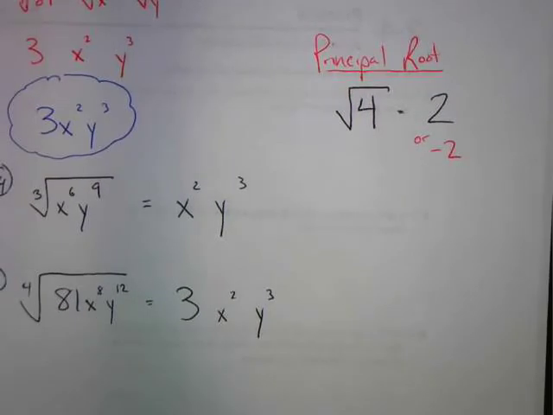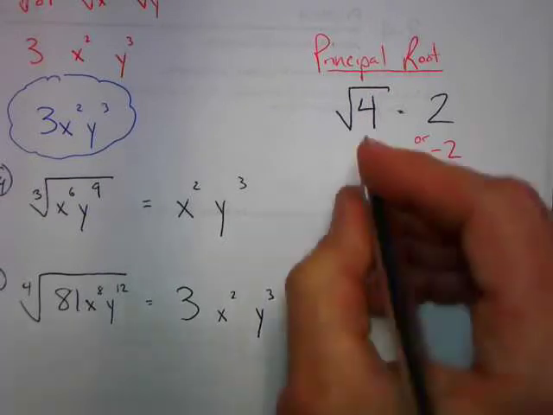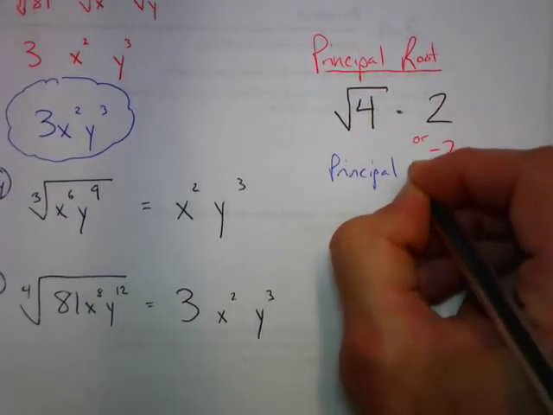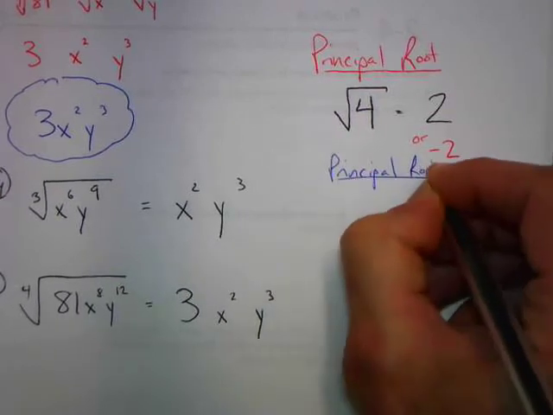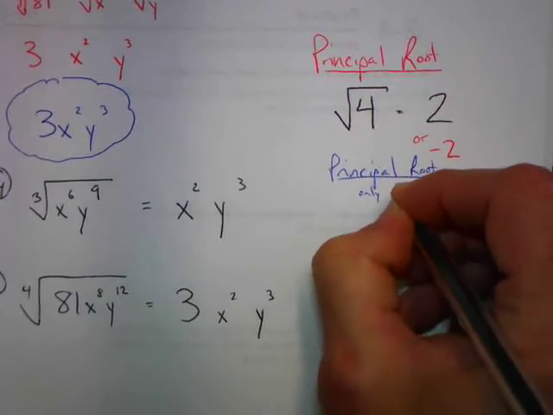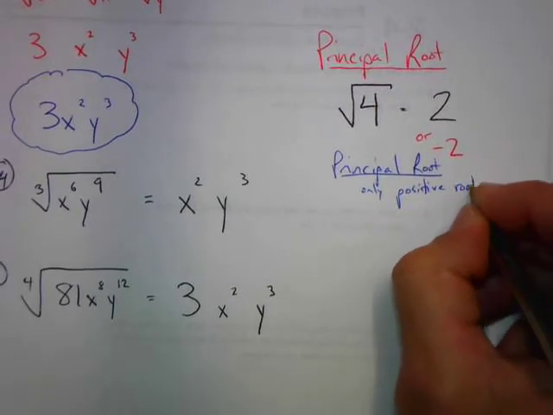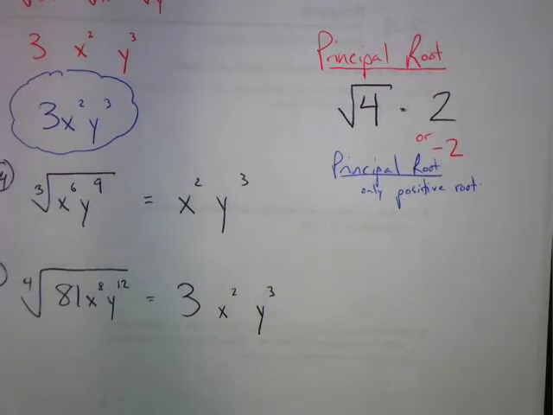So technically the square root of 4 is 2 or negative 2. Well, from here we're going to work with what's called principal roots. The principal root is only the positive root. So from here on out, when we're talking about square roots, we're going to clarify it by saying only the positive root.